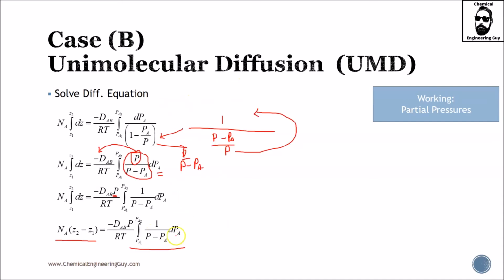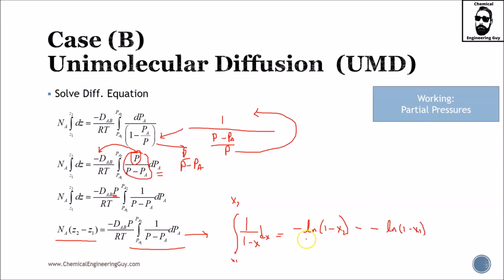Remember, I don't know if you actually know, but to get the integral of this from x1 to x2, you will get minus natural logarithm of 1 minus x2 minus ln 1 minus x1.